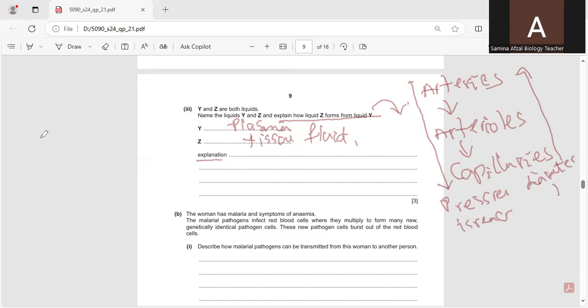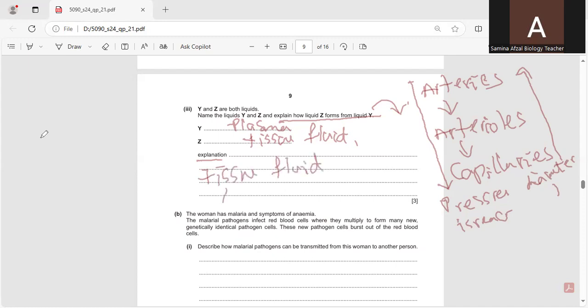So due to small diameter but larger pressure, what happens? Some of the blood plasma is squeezed out of the capillaries. So that fluid goes into the tissue, and when it is present in the tissue, it is called tissue fluid.